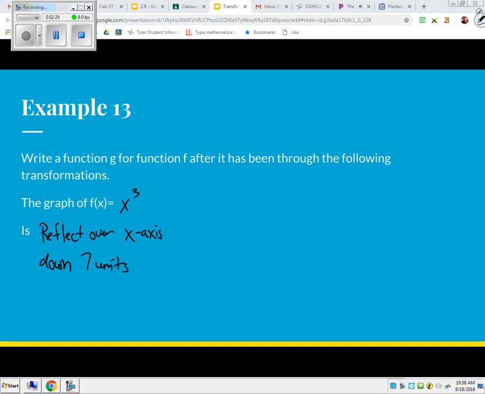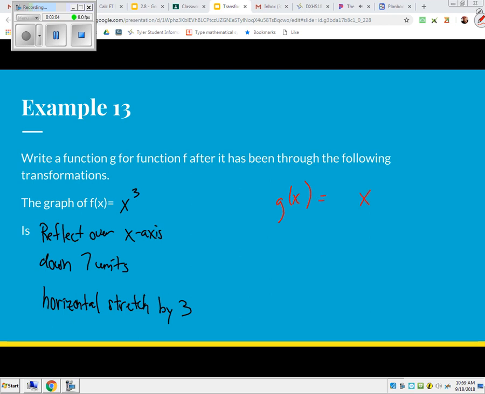And let's do a horizontal stretch by 3. So what I'm looking for is a new g of x function that comes from this old f of x. So we worked ones like this, just not combining it all.